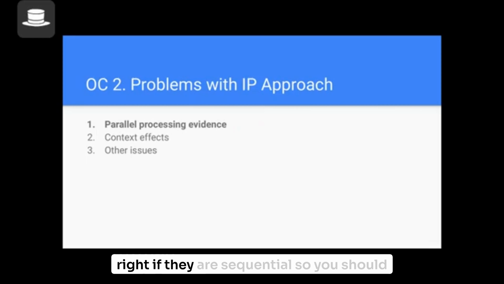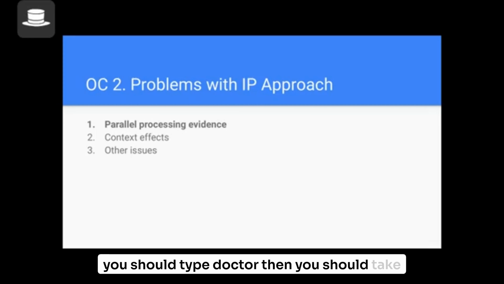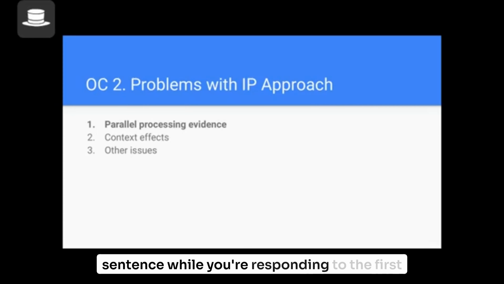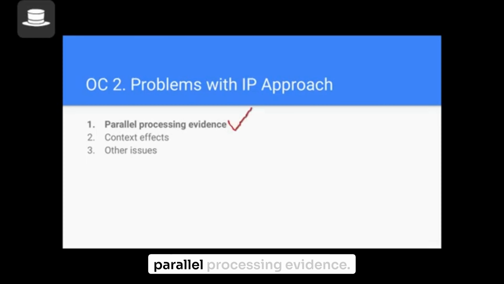If they are sequential, you should read a word, say doctor, process it, then type doctor, then take the new word. That's what sequential non-overlapping also means. But that's not what happens if you think about it. If you're really good at things, you are typing the first sentence while you're reading the second sentence. In other words, you're encoding the second sentence while you're responding to the first sentence. Those two parts are happening at the same time, which again is evidence against the assumption of sequential processing. So one problem is that there is parallel processing evidence.